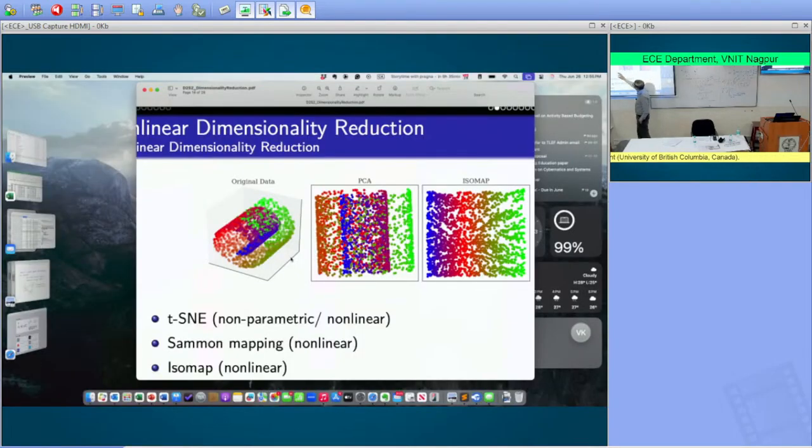When you do that, you want the neighboring data points to stay closer in your lower dimensional space. For instance, there are these blue data points over here. When you unroll it and go to the lower dimensions, you want all of these blue data points to stay close. You don't want them to show up in other places in the lower dimensions. That is what is preserving the local features of the data set. The global features are sort of the opposite.